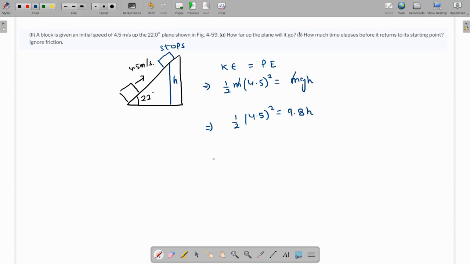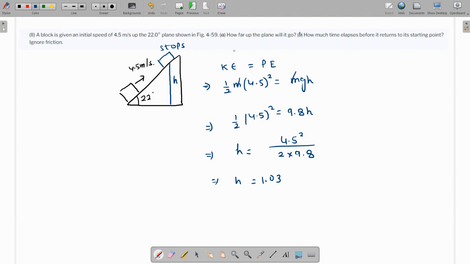So it's 9.8 h, so h is going to be equal to 4.5 squared over 2 times 9.8. Let me grab my calculator here. 4.5 squared over 2 over 9.8, that's coming as 1.03. This is the required height.